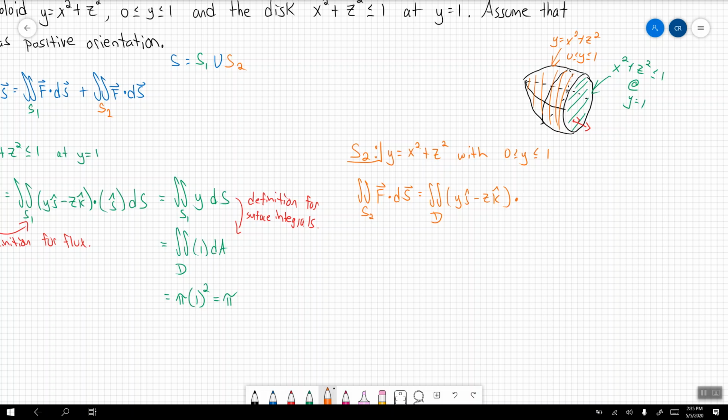And I'm going to take the dot product with the normal vector that I'm going to find. Now, I'm going to make this normal vector a unit normal vector. So to make this a unit normal vector, I'm going to need some sort of gradient, and I'm going to divide by the magnitude of that gradient.